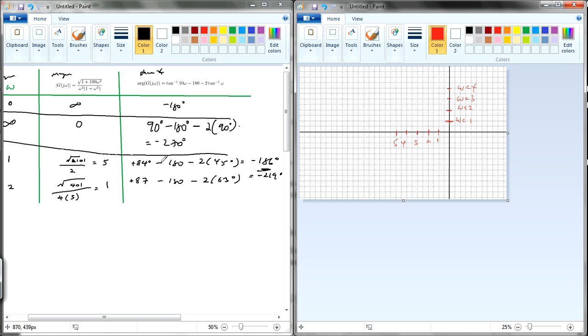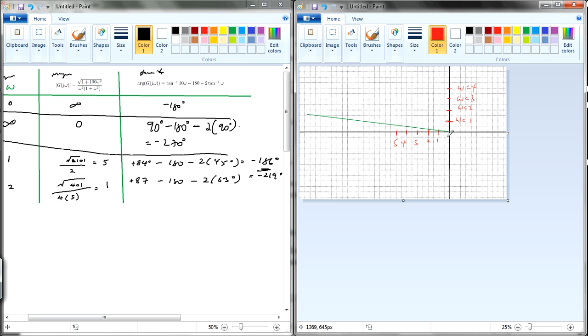If I were to plot again, if omega equals 1 and it's negative 186 degrees, if you take a protractor, it may show some angle over here. So this is some angle, and then you can plot at a magnitude of 5.